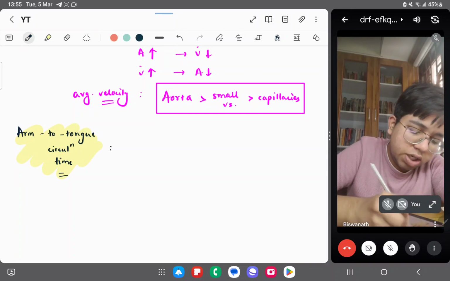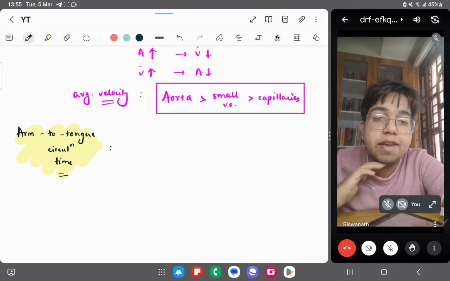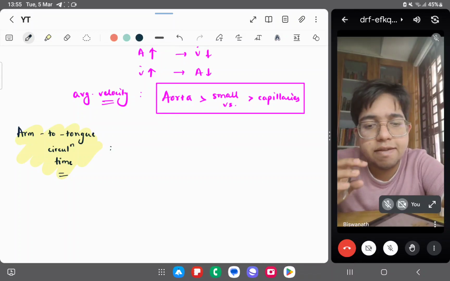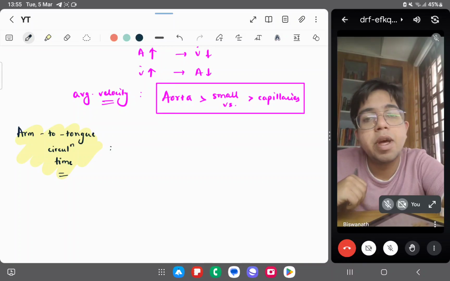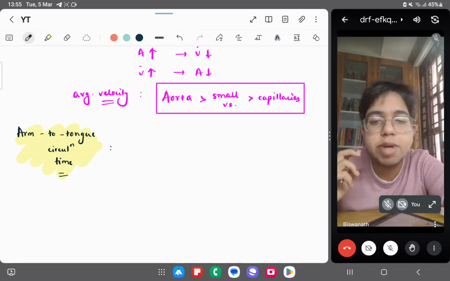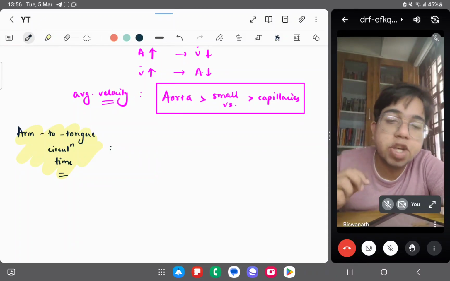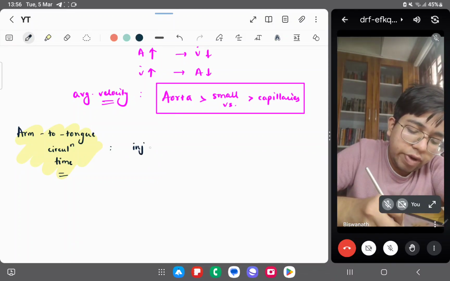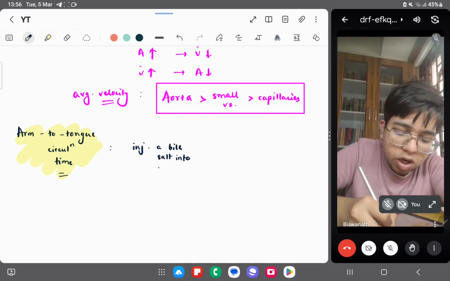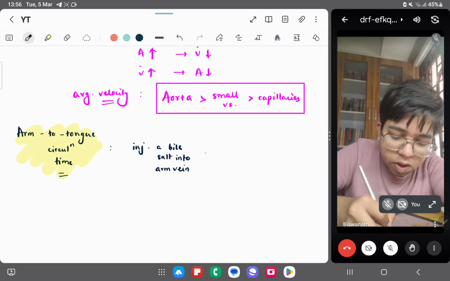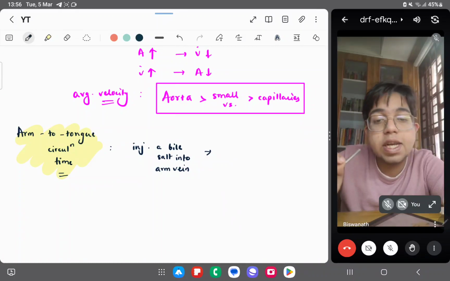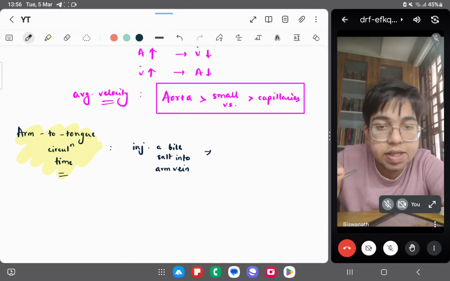First of all, you will give an injection of a bile salt to an arm vein, your cephalic vein, basilic vein, or median cubital vein, anyone can be used. This median cubital vein is chosen. So we inject a bile salt into the arm vein.